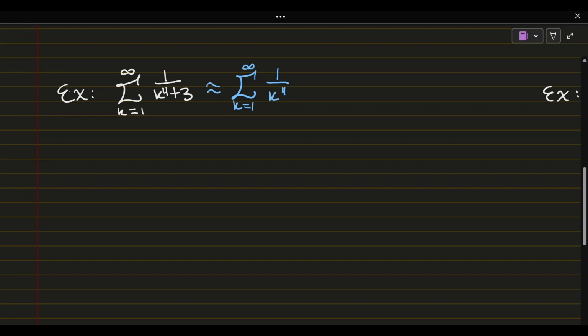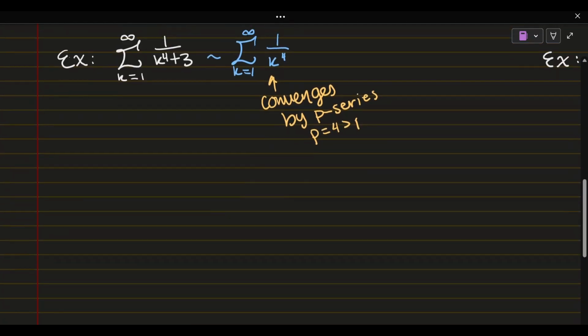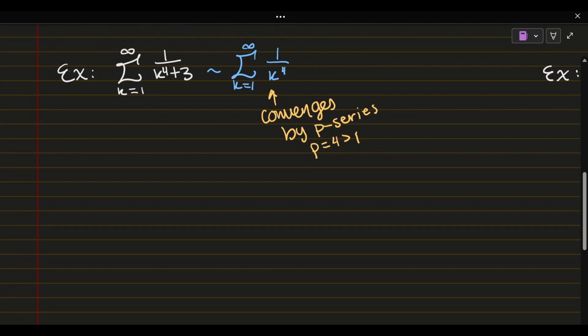Very similar. And I know how to determine the convergence of 1 over k to the fourth, because it's a p-series. So this converges by p-series, p is equal to 4, strictly greater than 1. But I don't know the convergence of 1 over k to the fourth plus 3.